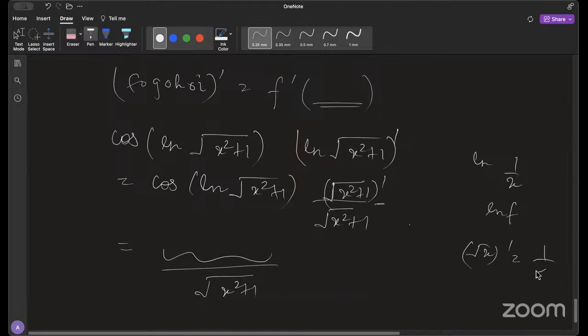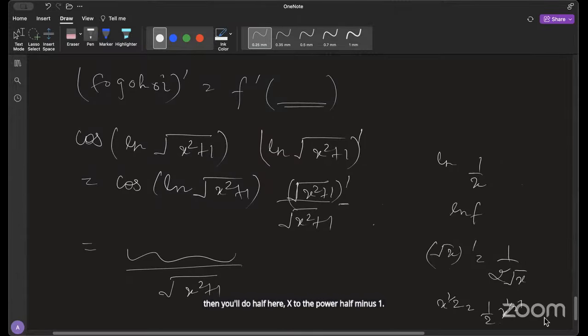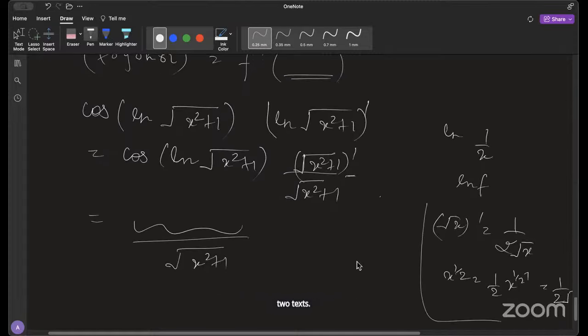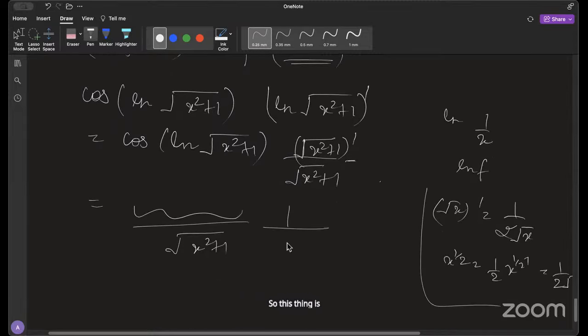You can just learn this, or you can use the formula: x to the power half, then you do half here, x to the power half minus 1. So you're going to get the same thing, 1 by 2 root x. So this thing is 1 by 2 times the square root of x squared plus 1.